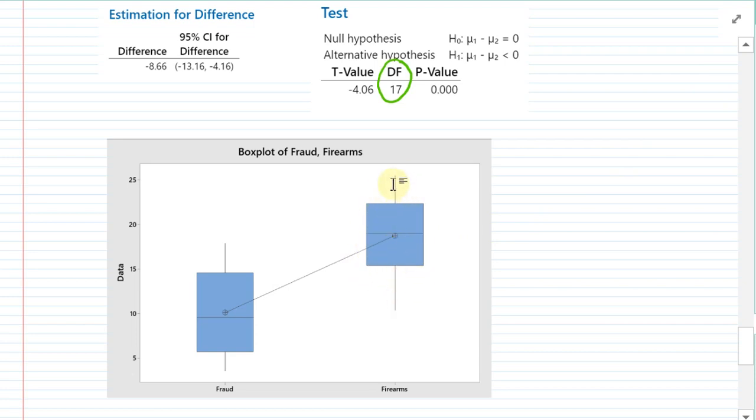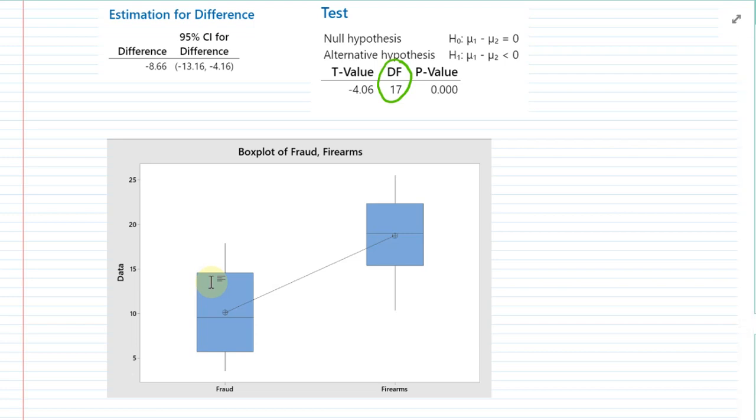I would like this upper whisker coming out of the box to have been a little longer. That would have been perfect, but that's okay. This one is actually almost normal also. These could also pass for a uniform distribution. But again, the sample size is so small that even the box plots may be misleading.